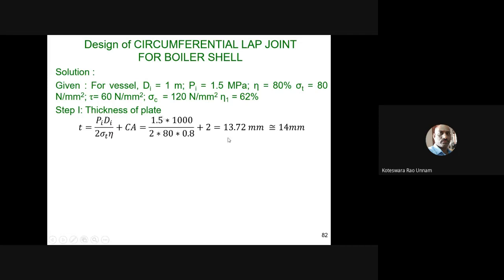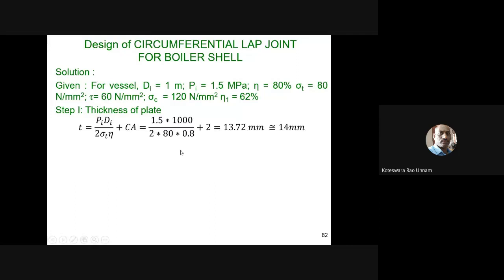For that, this is the formula we are going to use, whether it is a longitudinal joint or a circumferential joint: t is equal to P_i d_i by 2 sigma_t into eta, plus corrosion allowance CA. P_i is 1.5 MPa, which is 1.5 Newton per mm square, into d_i, which is 1 meter, converted to 1000 mm, divided by 2 into allowable sigma_t of 80, and efficiency of the longitudinal joint 0.8, plus corrosion allowance. Generally we take the corrosion allowance as 2 mm.